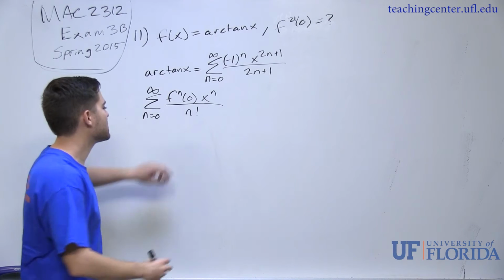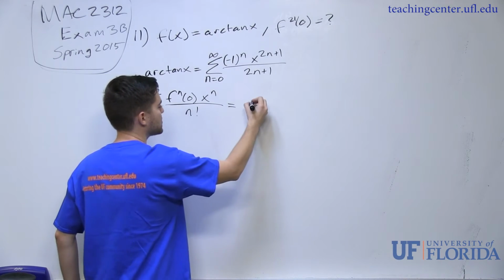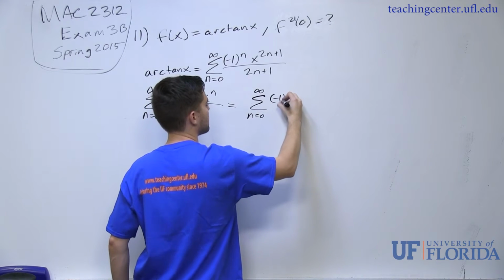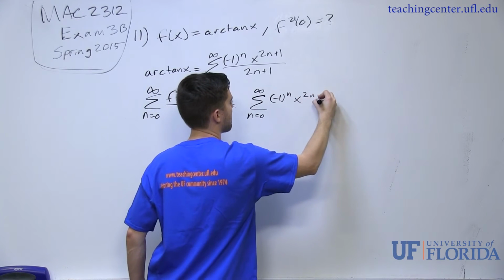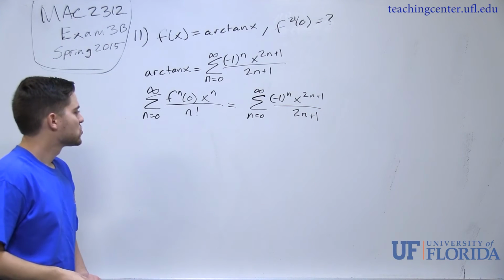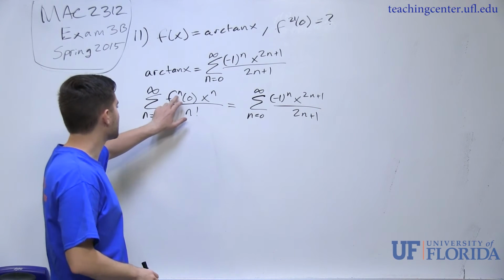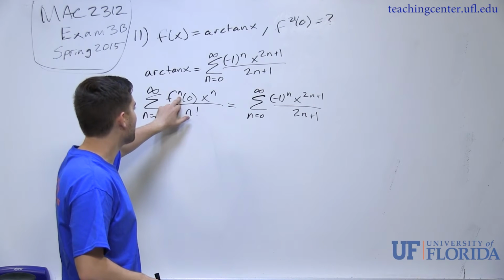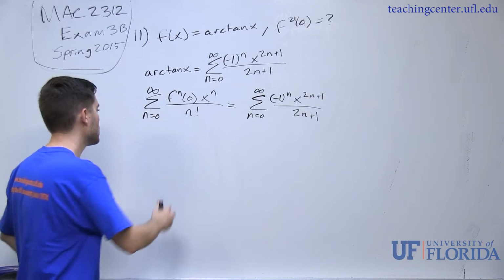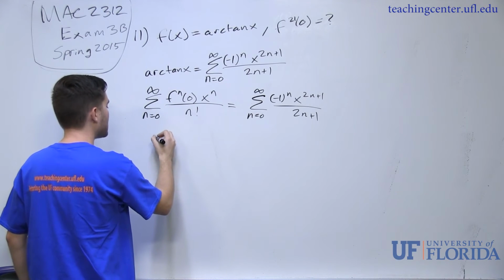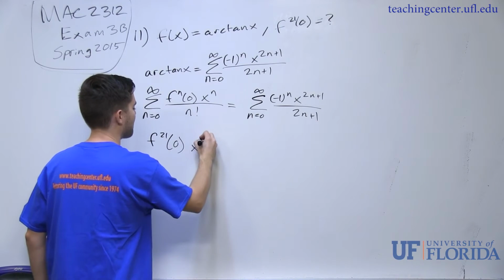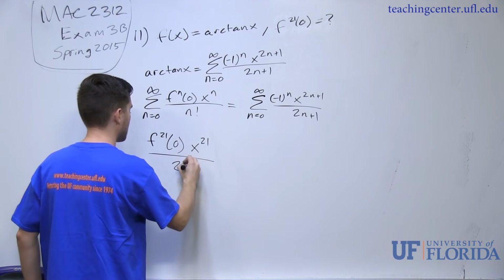Using this expression, I should be able to get this Maclaurin series. All I need to do is figure out what n value I'm looking for. In this case, I'm looking for f^(21), so on the left-hand side I'll plug in 21 into all the terms here.